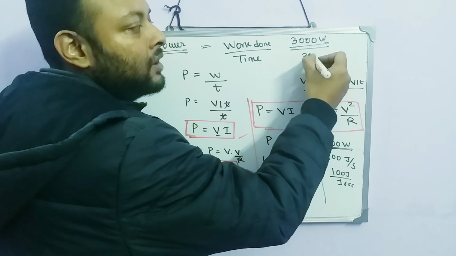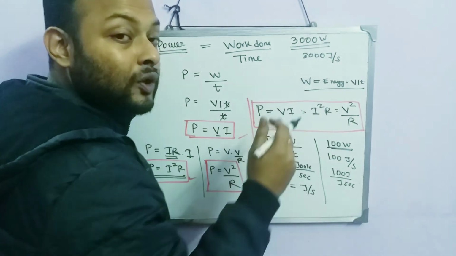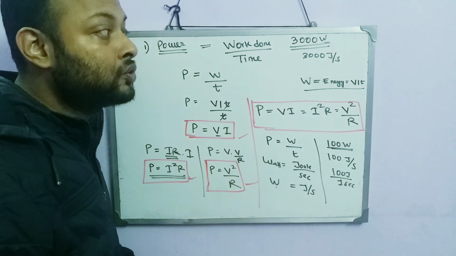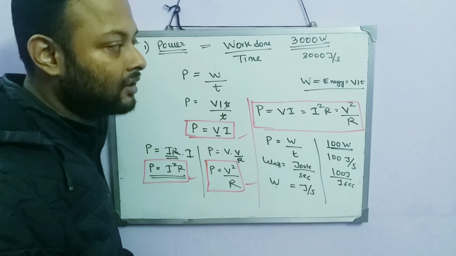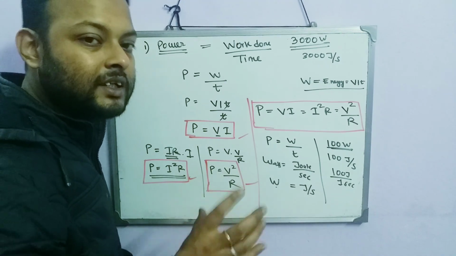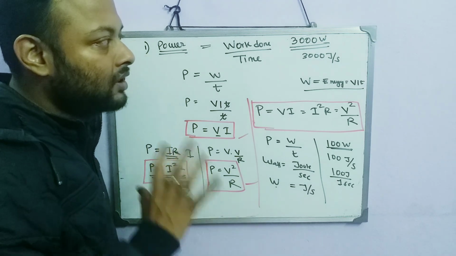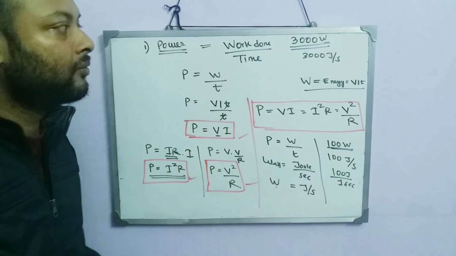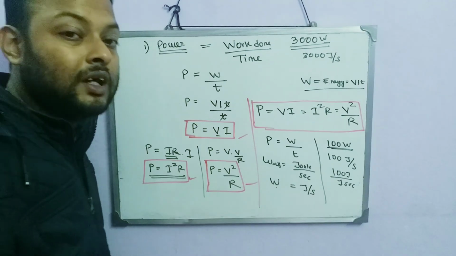What does that mean? 3000 joule per second means the AC consumes 3000 joules of electrical energy in just 1 second. That is the significance of the unit of power, watt. I hope you understood this concept of power. Now let's discuss the next topic, the power rating.